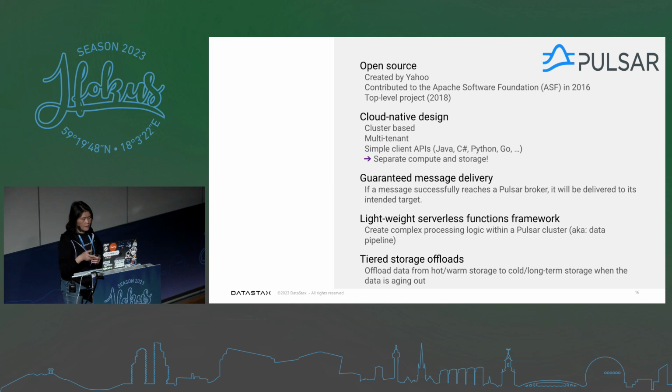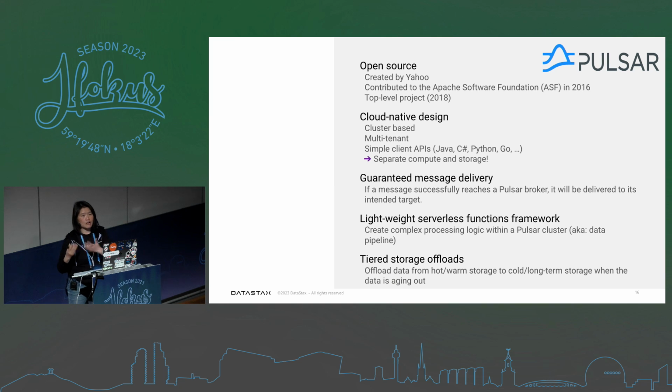And then one more thing about Pulsar, just highlighting among many other features, is that it has tiered storage offloads. So basically, some data could become cold, meaning that it is in BookKeeper, being kept in the storage, and it's no longer warm, so to speak, and it's just waiting to be processed.